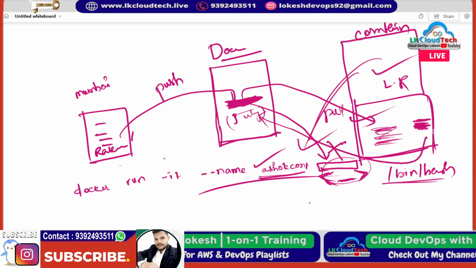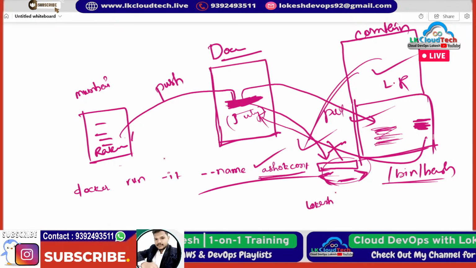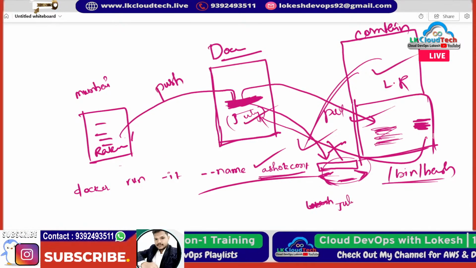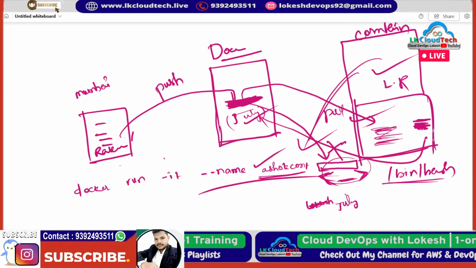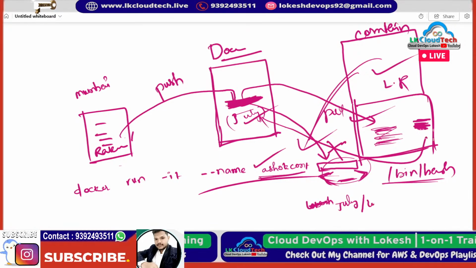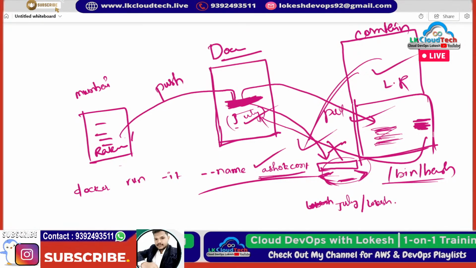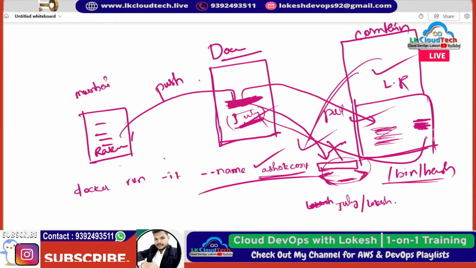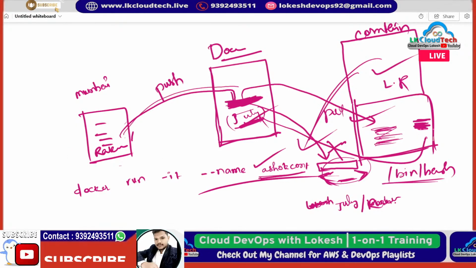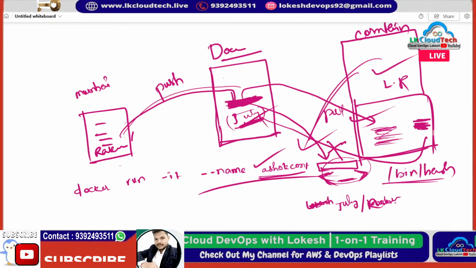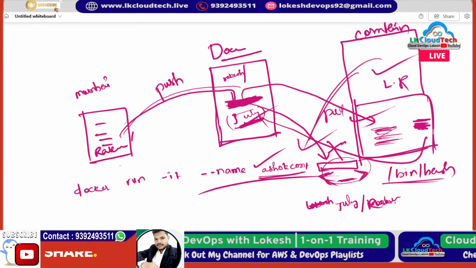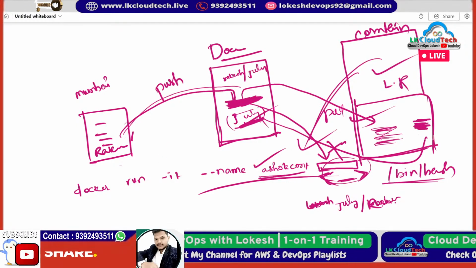Example: Lokesh is the image, or July is the repository with so and so image. This is the repository, and there will be one image that we have pushed, maybe Rakesh. In this case, you can keep your image as Rakesh. You can keep it like this also, Rakesh slash July, the same one.